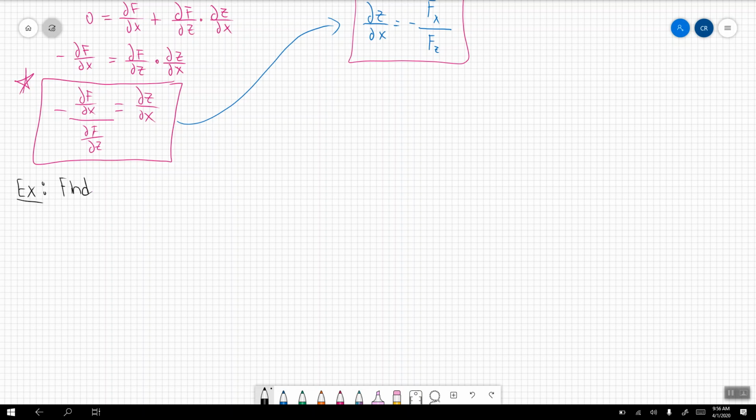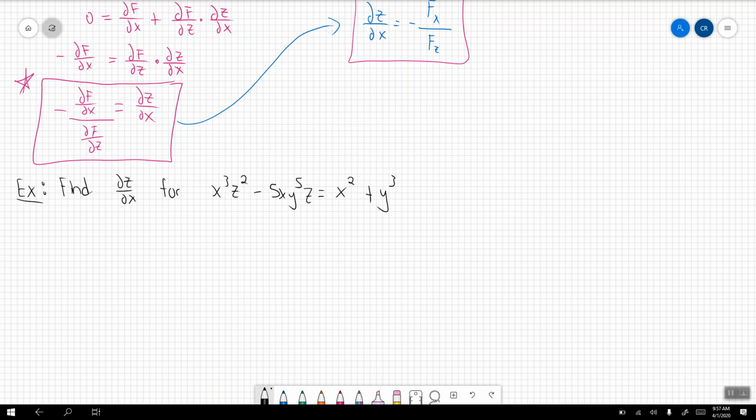So we want to find the partial of z with respect to x for this function: x cubed z squared minus 5xy to the fifth z is equal to x squared plus y cubed.